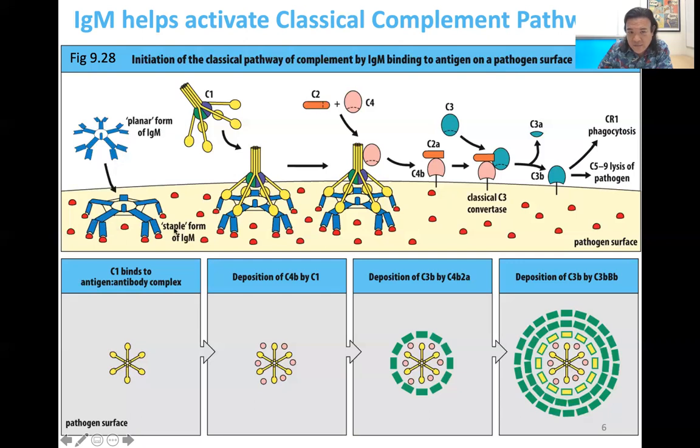So the IgM binds to the antigens, right, forms this kind of platform or stable form of the IgM, and that recruits complement protein C1. Complement protein C1 binds to the IgM, and the tail of complement protein C1, this part up here that sticks up, right, recruits complement protein C4 and C2, and so that makes our classical C3 convertase, right?